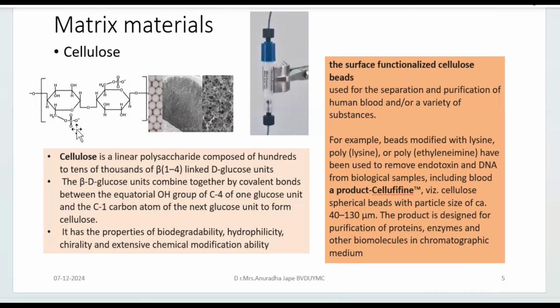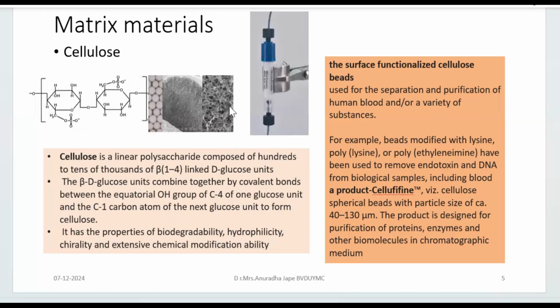Now, this cellulose can be put into bead forms. Of course, preparation of these beads can be facilitated by organic catalysts and reagents, and you can have the porous beads prepared from the cellulose powder. Now here I have attempted to share one photograph that shows the bead structure. It is the surface of the bead and this is the cross section of the bead.